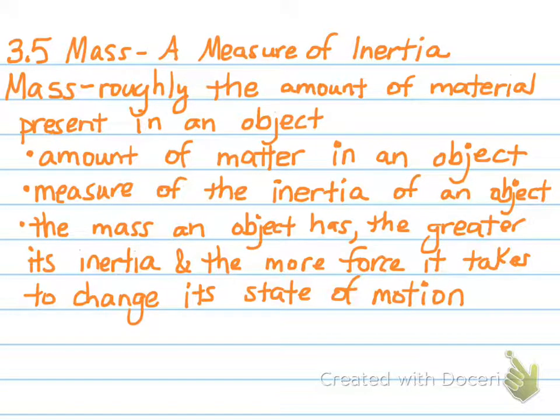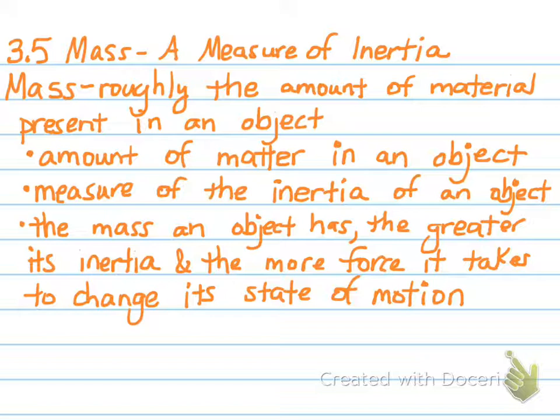And your book sort of explained this with the idea of a vegetable can. So say a can of green beans, okay? If you kick that can or throw that can and it has the green beans in it and it weighs about a pound, that has a different mass and requires more force to throw it than it does if that can is empty.